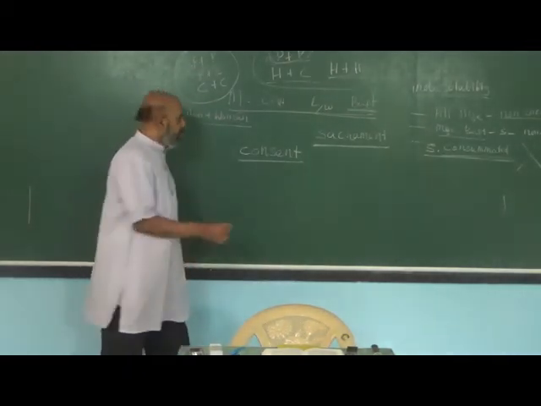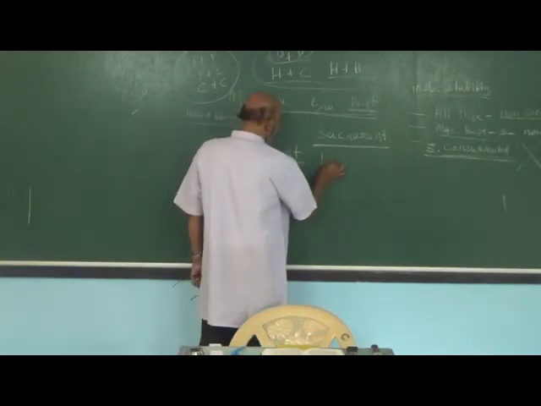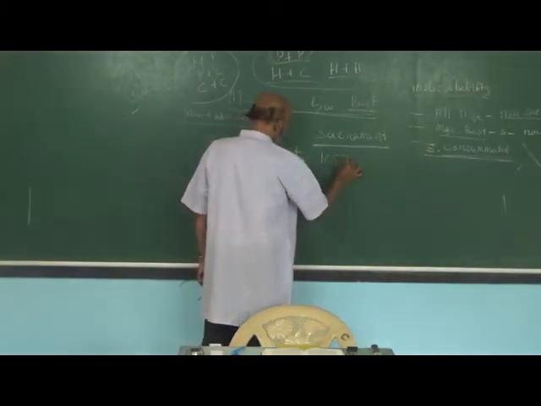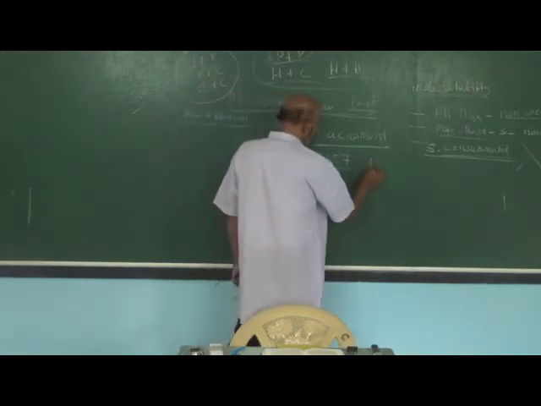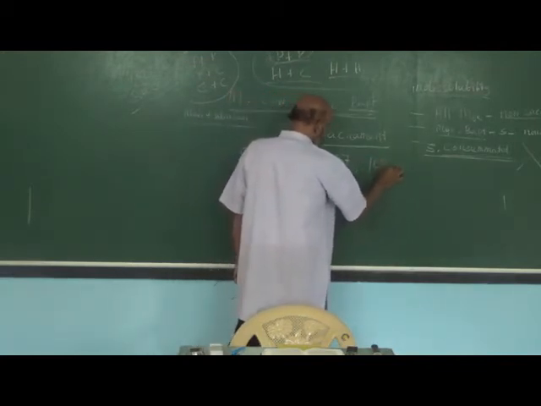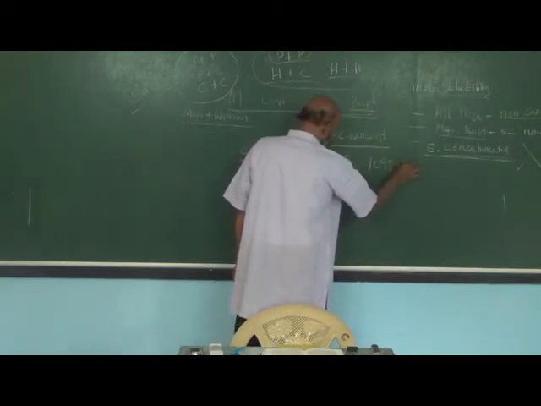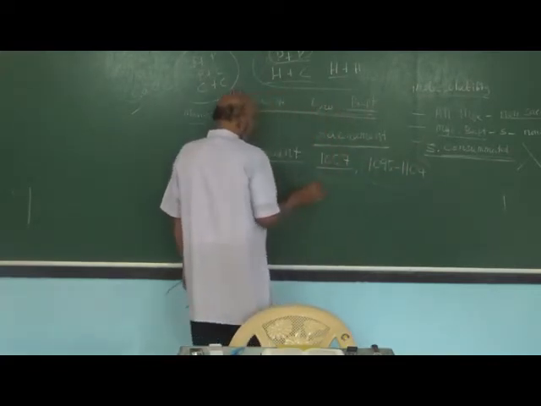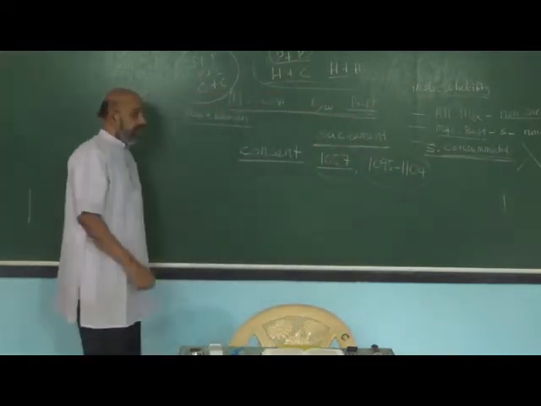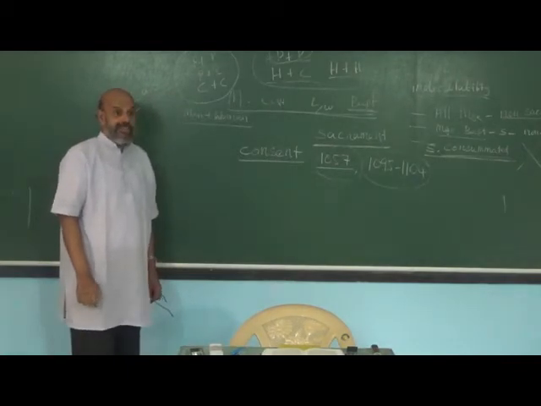It is explained in Canon 1057 and also 1095 to 1107. What is consent? When consent can be invalid, all that is said.